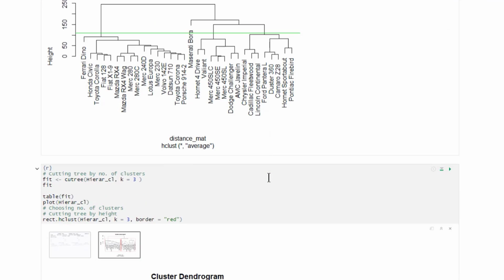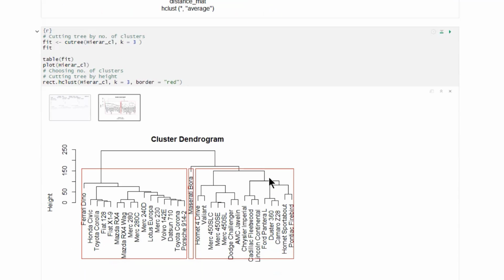Here is another function called cutree. This splits the entire dendrogram into three different clusters. As you can see here, if you split the tree into three different clusters, the one data point here, the Maserati Bora, forms the third cluster, while the other points have been put into two big clusters.